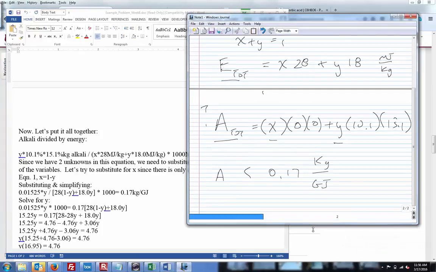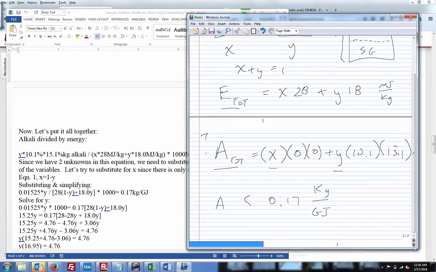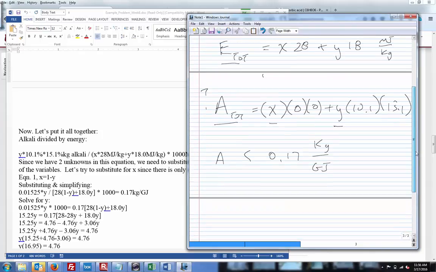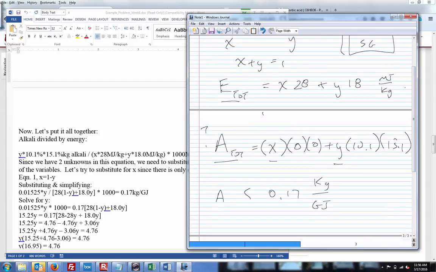So let's see this one. This one's a little more complicated. We'll call this guy equation 1 up here. This is equation 2. This is equation 3.